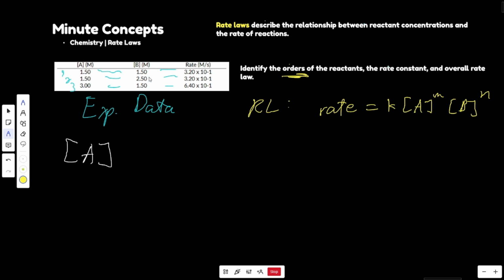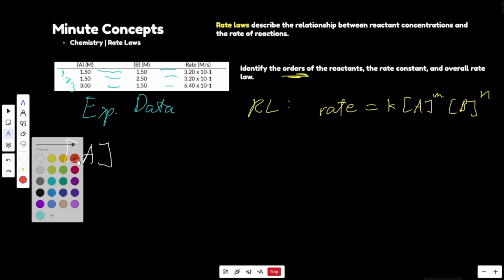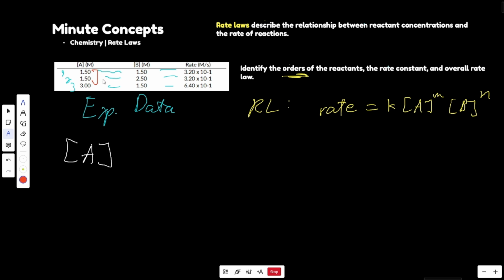However, between these 3, there are changes. So 1 and 2 are the same, however it changes at the third trial. Now here, the concentrations of reactant B in trial 1 and 3 are the same, while in trial 2 it changes.